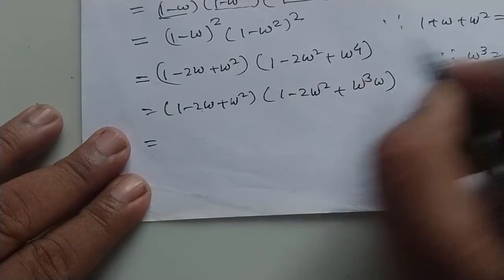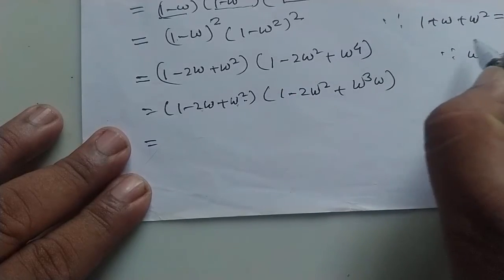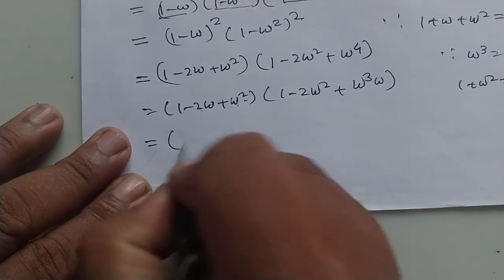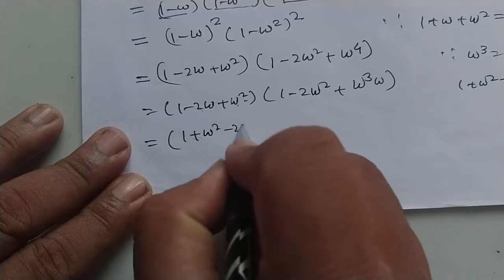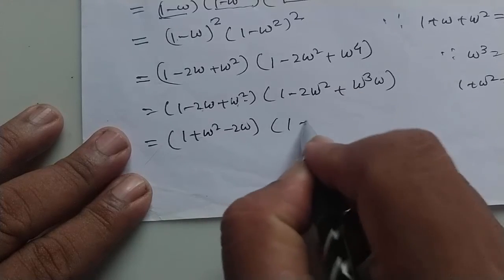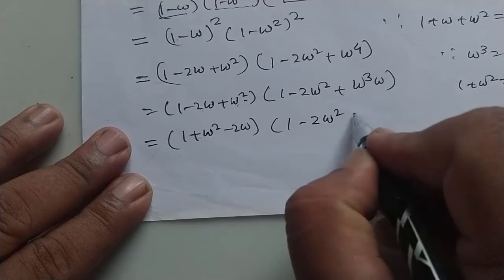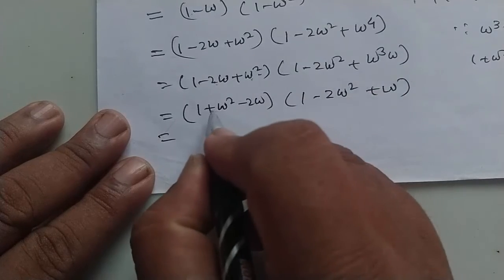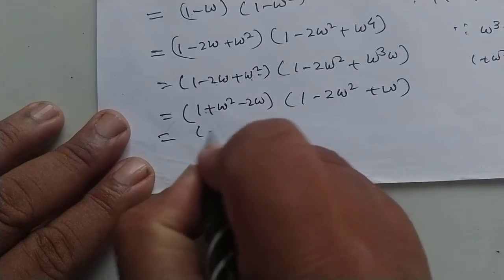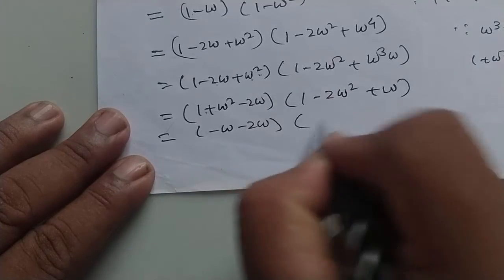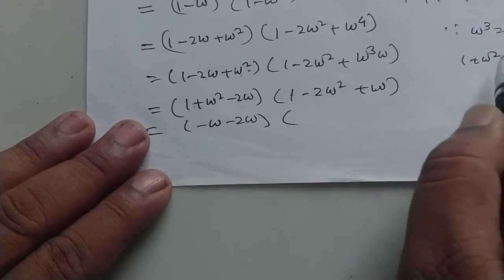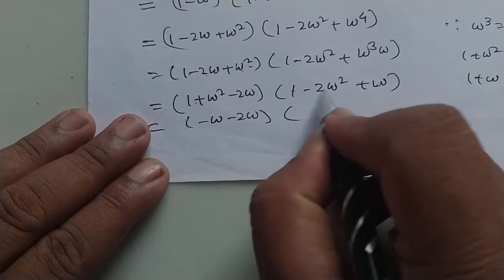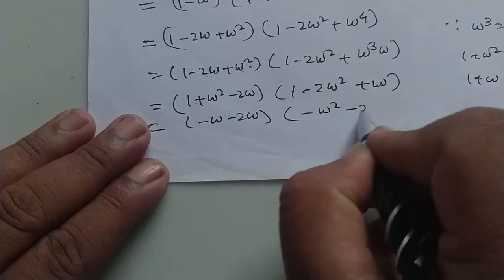Now 1 plus omega square is equal to minus omega. Therefore 1 plus omega square minus 2 omega, and here 1 plus omega minus 2 omega square, is equal to 1 plus omega square is minus omega, so minus omega minus 2 omega. And 1 plus omega is minus omega square, so minus omega square minus 2 omega square.